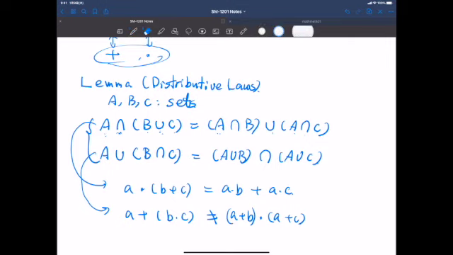So the second equation here is very specific to the operation of sets. Okay?